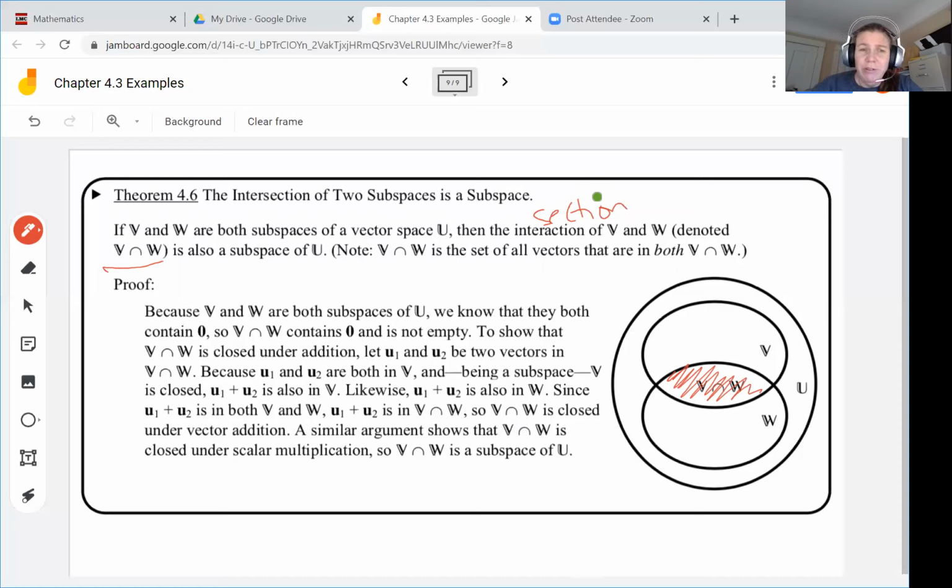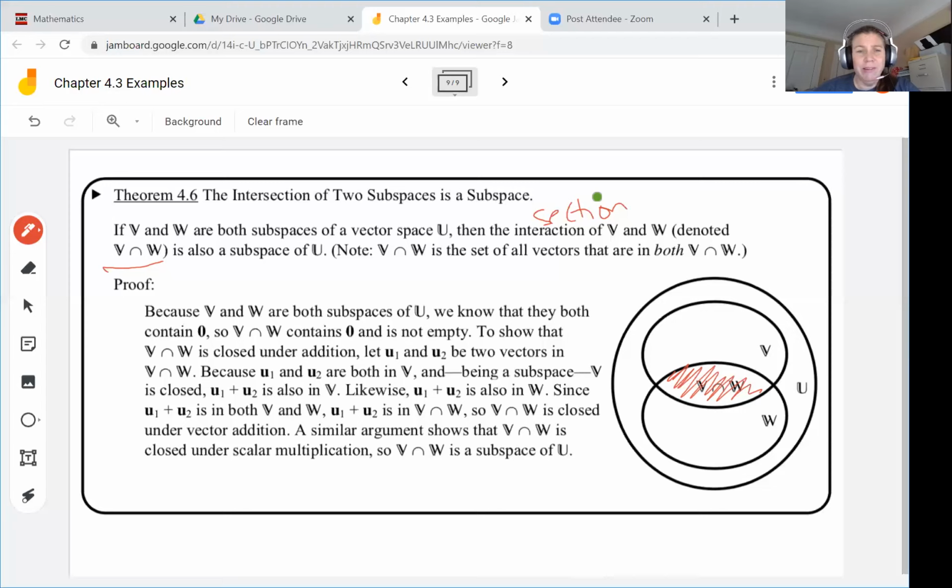To show that V intersect W is closed under addition, let U1 and U2 be 2 vectors in V intersect W. Because U1 and U2 are both in V, and being the subspace V is closed, U1 plus U2 is also in V. Likewise, U1 plus U2 is also in W. Since U1 plus U2 is in both V and W, U1 plus U2 is in V intersect W, so V intersect W is closed under vector addition. A similar argument shows that V intersect W is closed under scalar multiplication, so we can say V intersect W is a subspace of U.